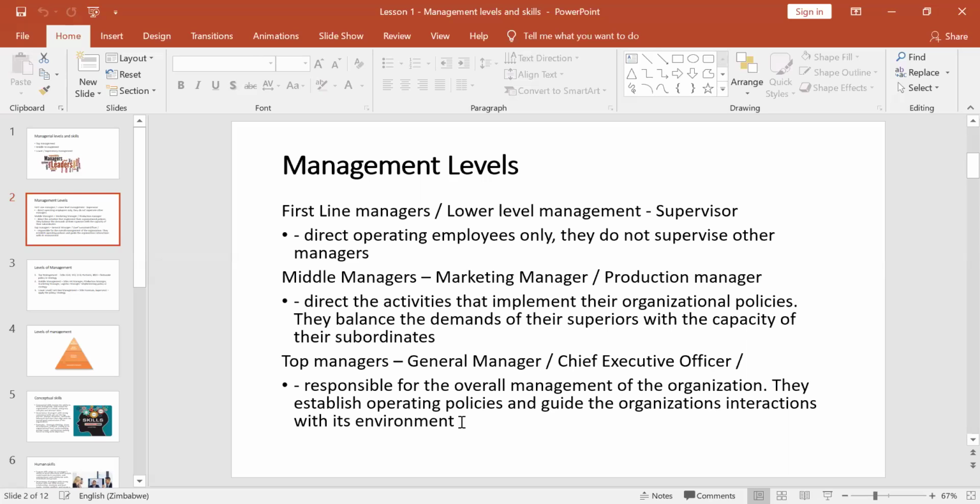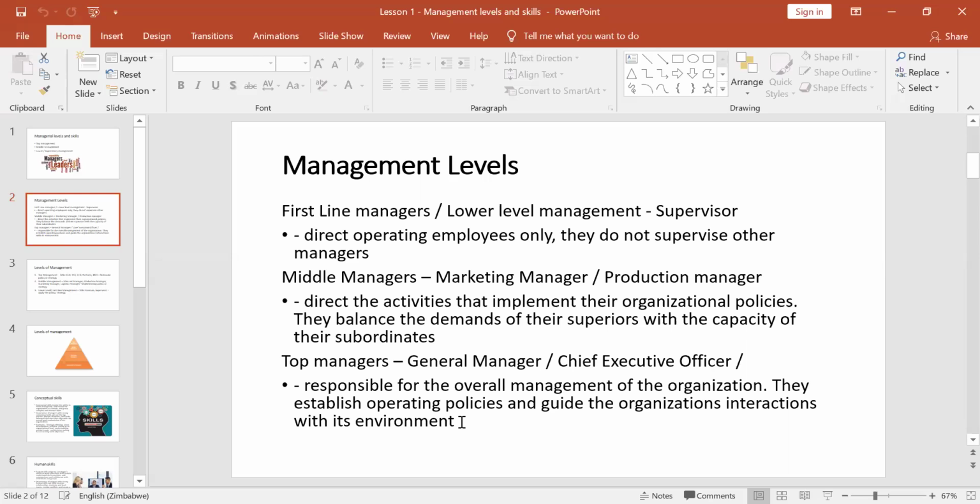So what we are saying there is that the top managers, depending on the organization, some organizations can be small. The top manager can just be a general manager. Middle manager, you might find you only have two managers, maybe someone in charge of sales, someone in charge of finance, and then the first line manager, this will just be a team leader, or they won't even be a first line manager.